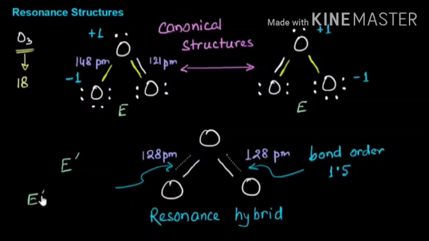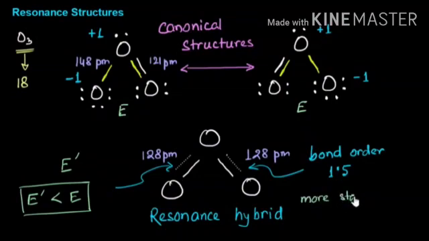Next, the contributing structures should have nearly the same energy, and in all contributing structures like charges should not reside on adjacent atoms. These are some conditions for writing resonating structures. The most stable resonating structure has lesser energy than the canonical structures.